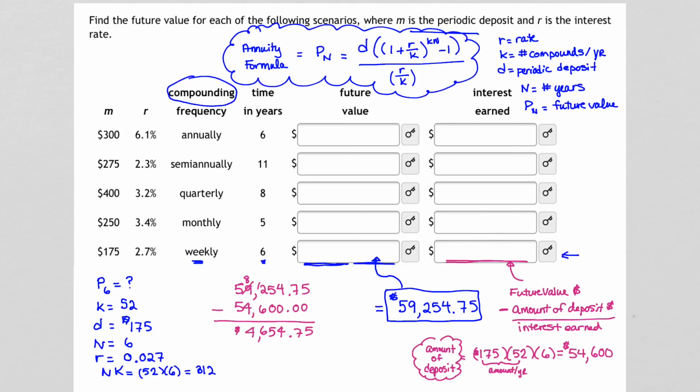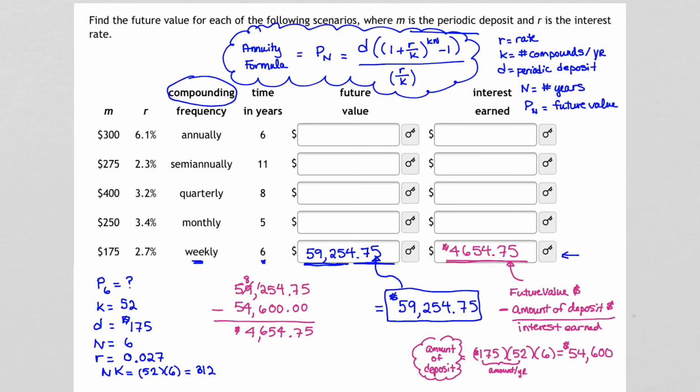That means I've earned a total of $4,654.75. My future amount was $59,254.75.